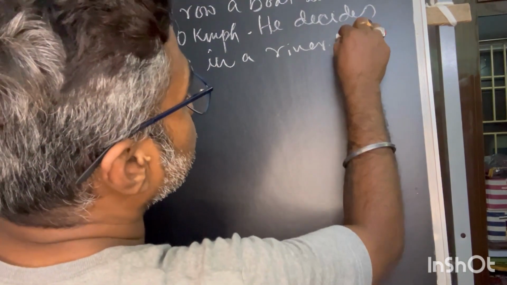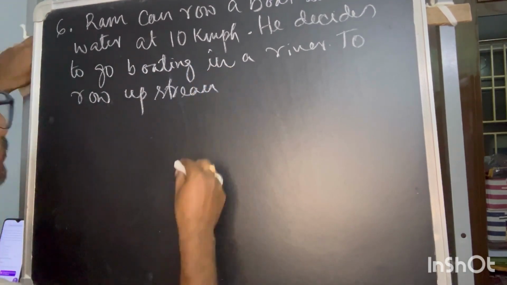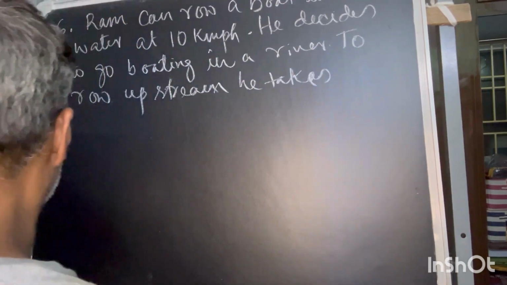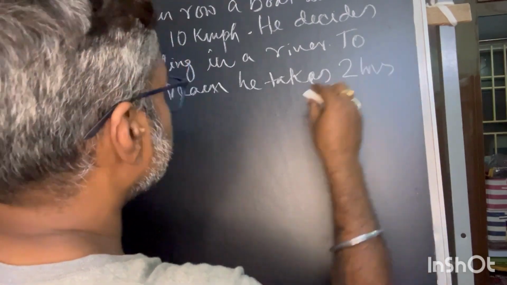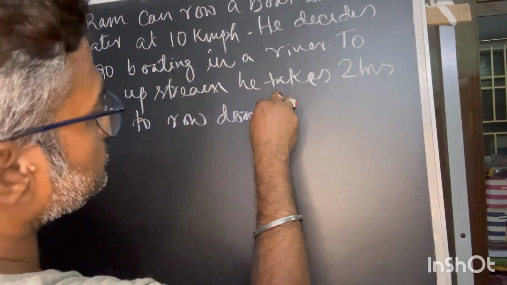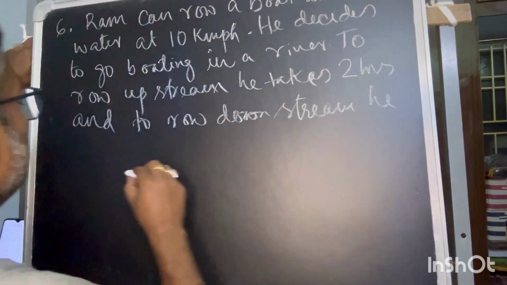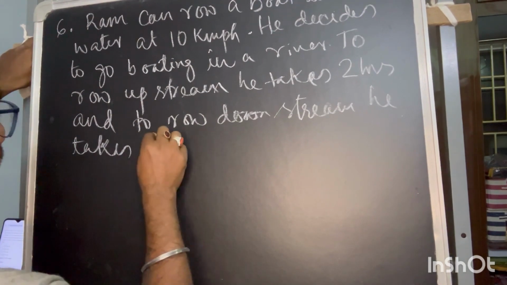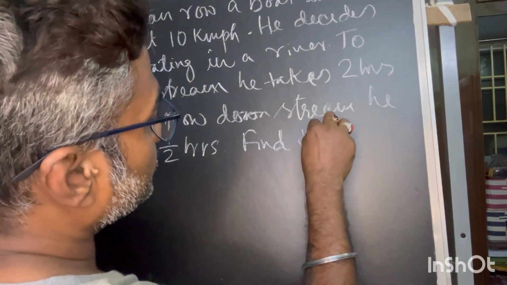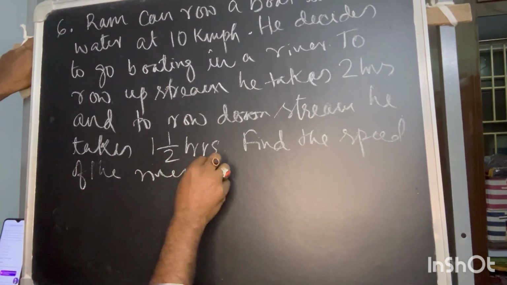To row upstream, he takes 2 hours, and to row downstream he takes 1.5 hours. Find the speed of the river.